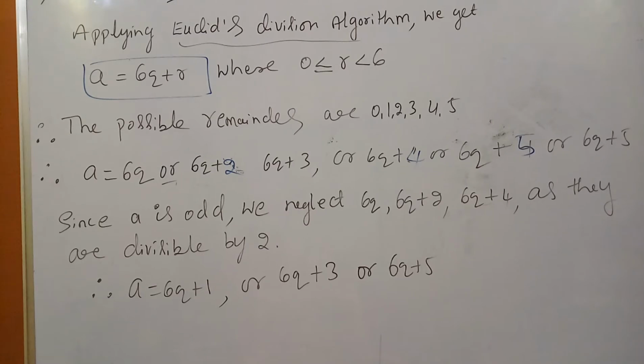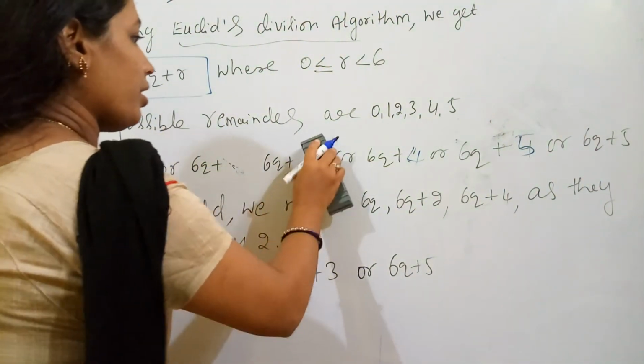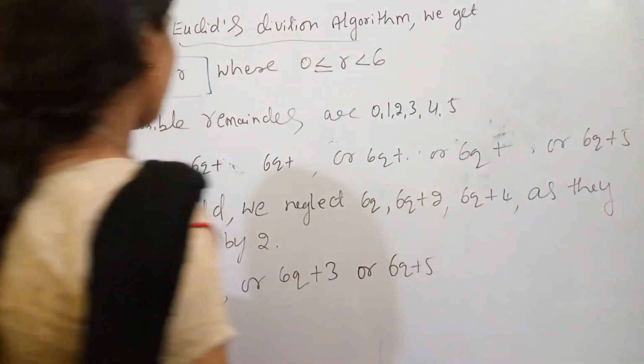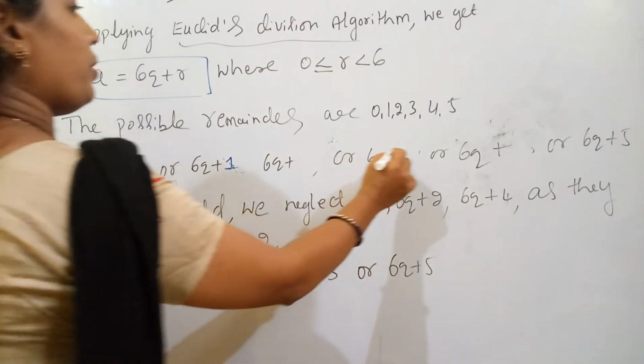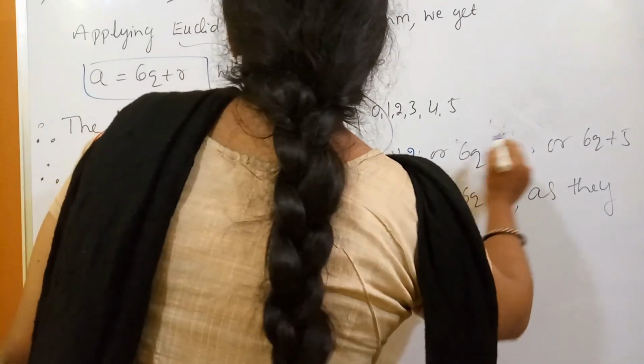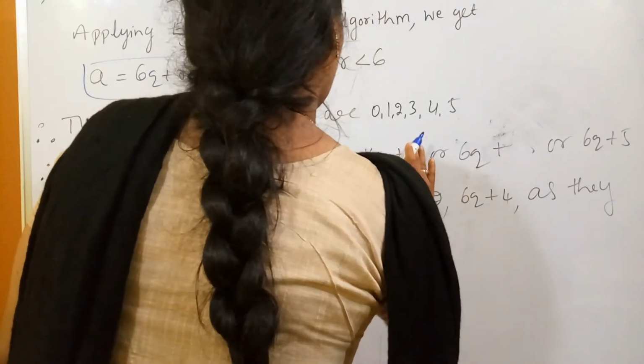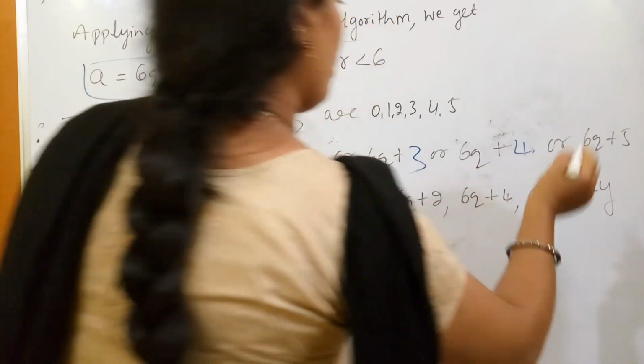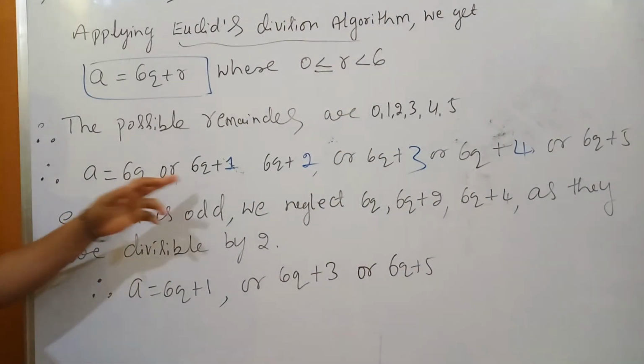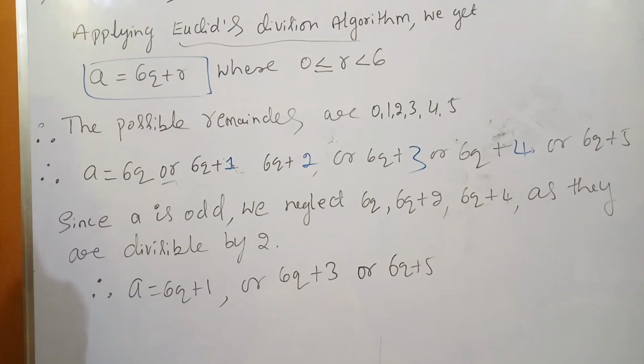The possible remainders are 0, 1, 2, 3, 4, 5, and a can be expressed in terms of whatever the remainder is: 6q, 6q plus 1, 6q plus 2, 6q plus 3, 6q plus 4, 6q plus 5. This is in the form of the lemma, a is equal to bq plus r.